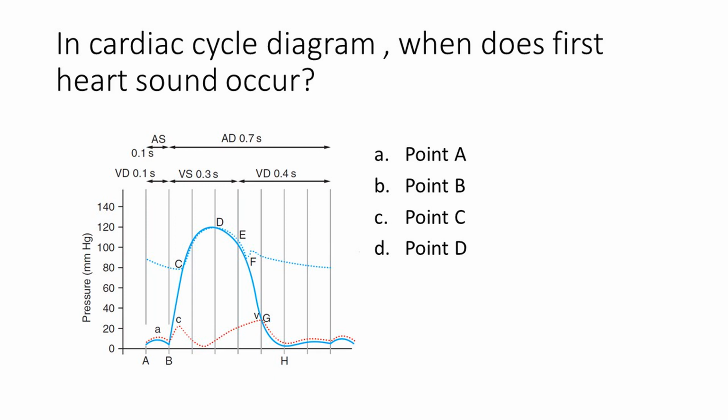So it shows all the phases of the cardiac cycle, and try to solve this question. And the answer is that the first heart sound occurs at point B because of the closure of the mitral valve that occurs at the end of the last rapid filling phase or the atrial systole.